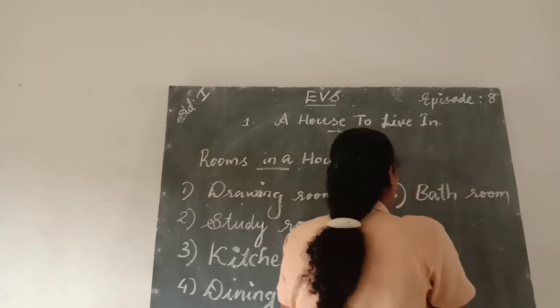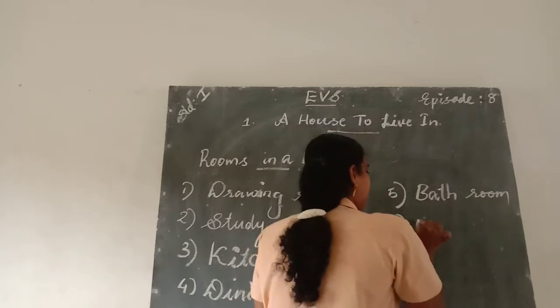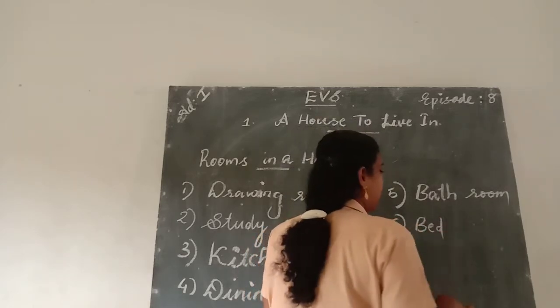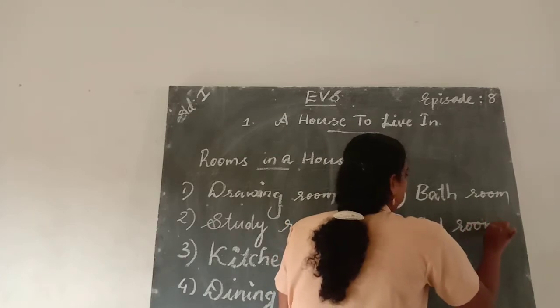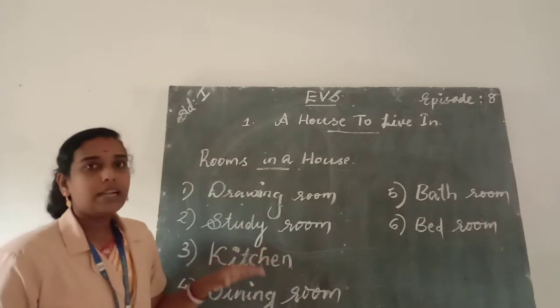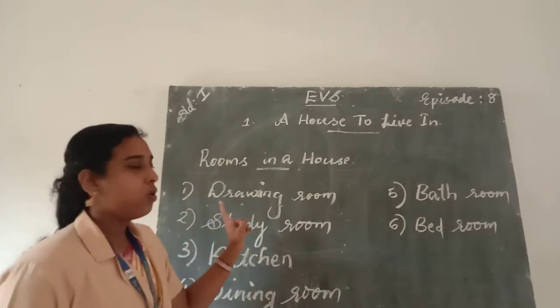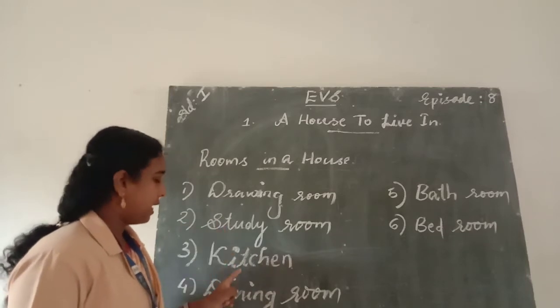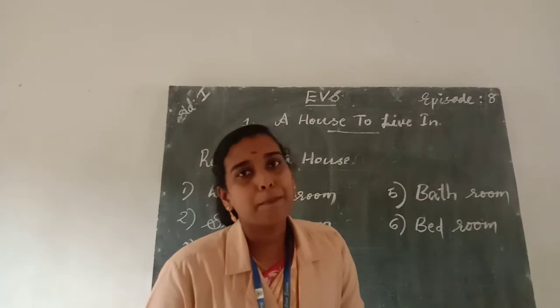R-O-O-M, room. And last one, bedroom. B-E-D, R-O-O-M, bedroom. So these are the different types of rooms in a house: drawing room, study room, kitchen, dining room, bathroom and bedroom.